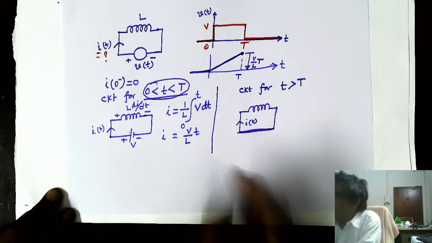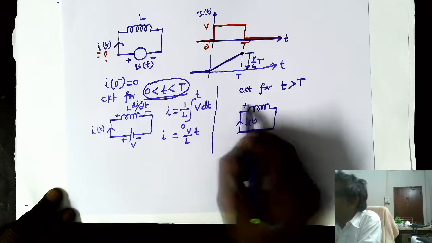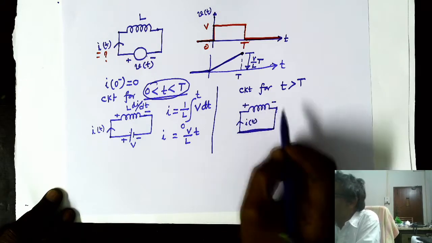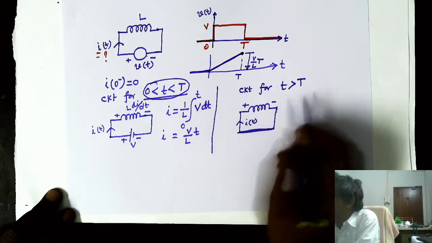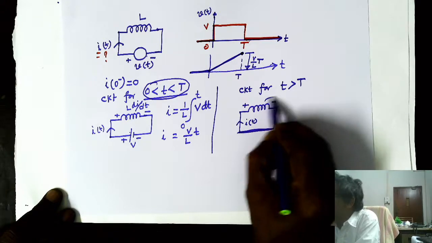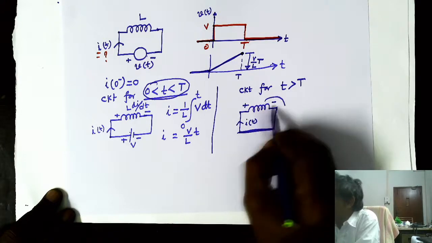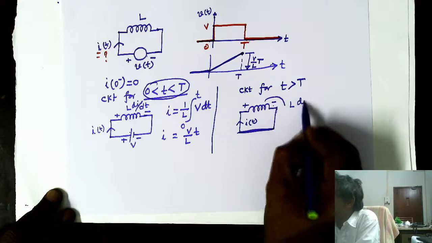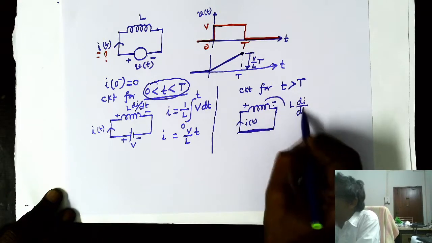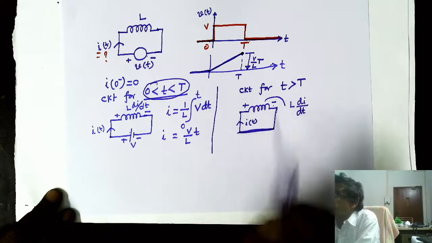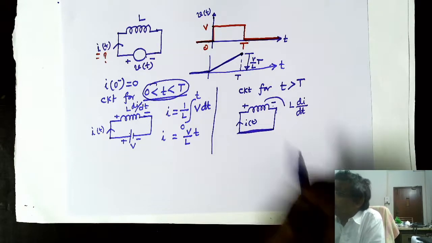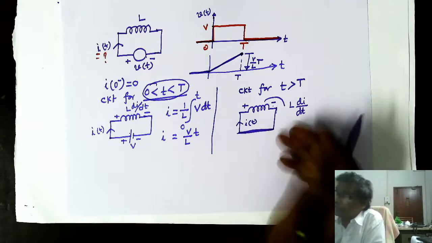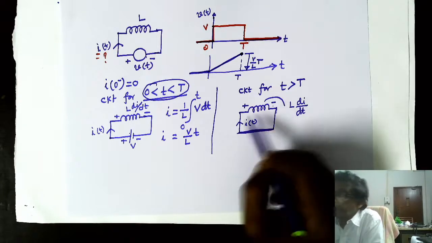So steps are one and the same. I do not know how this current will change, but I assume the current is i(t) for t greater than T, and the voltage across the inductor is L di/dt, with this polarity. Then if this is the voltage across the inductor, KVL must be satisfied.